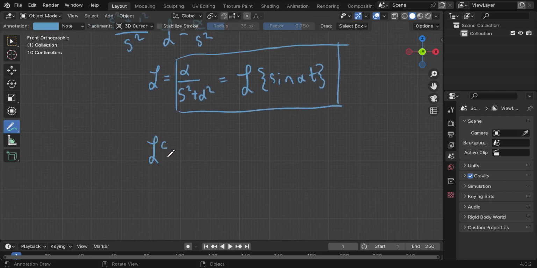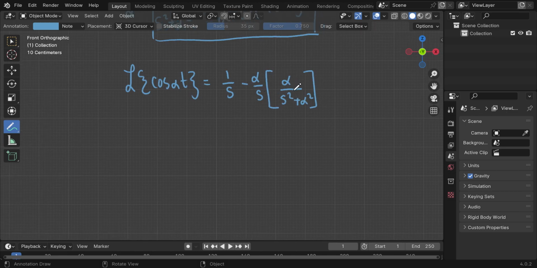So if we say the Laplace of cosine alpha t is equal to 1 over s minus alpha over s of this right here, which is alpha over s squared plus alpha squared.